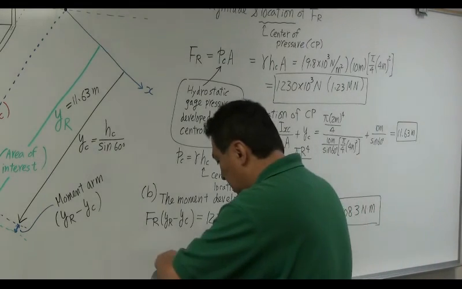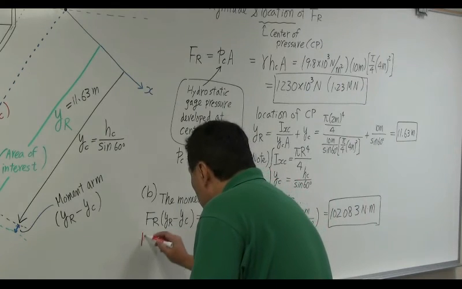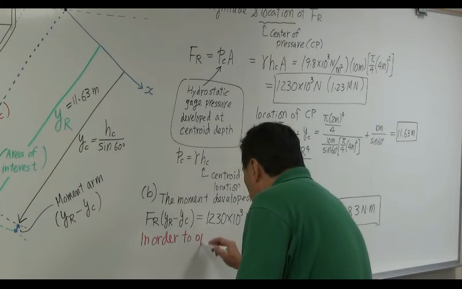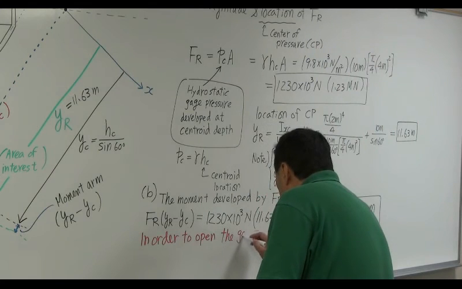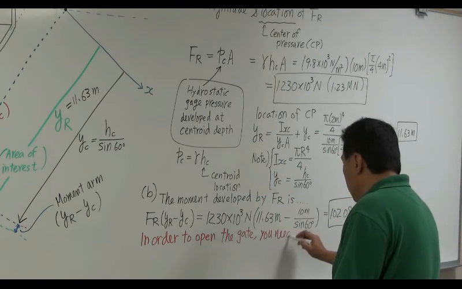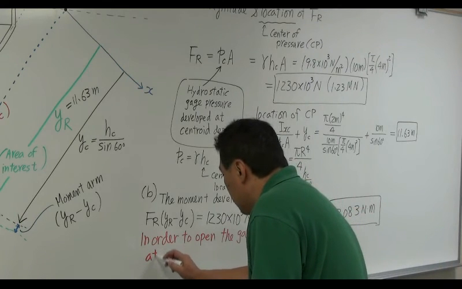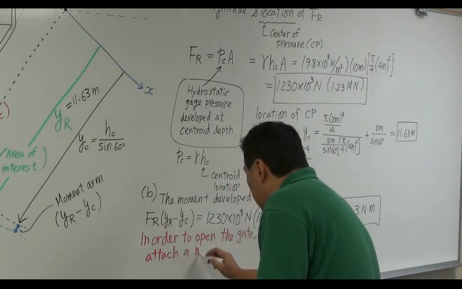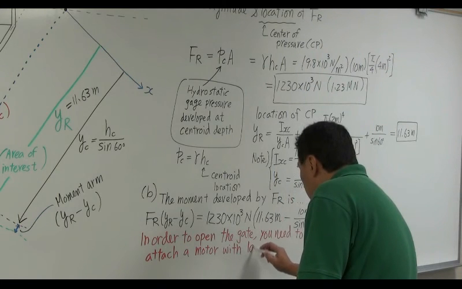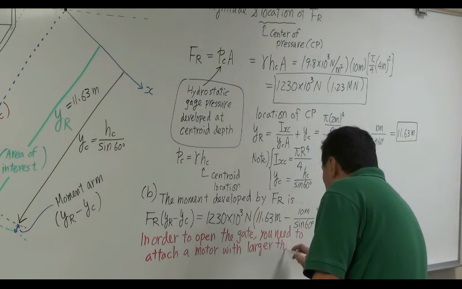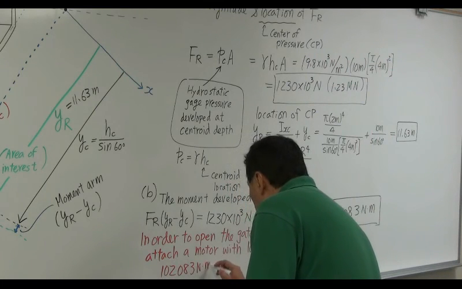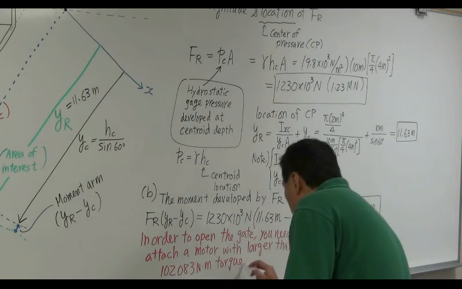So your answer is like this. In order to open the gate, you need to attach a motor capable of a torque larger than 102,083 Newton meters.